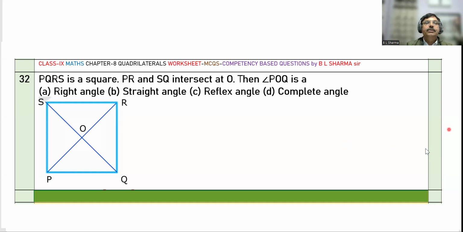We know the diagonals of a square bisect at right angles. So the answer will be 90 degrees. A is the correct option.